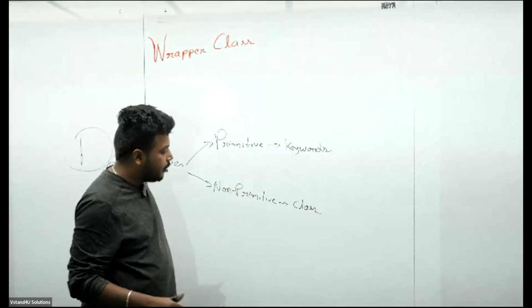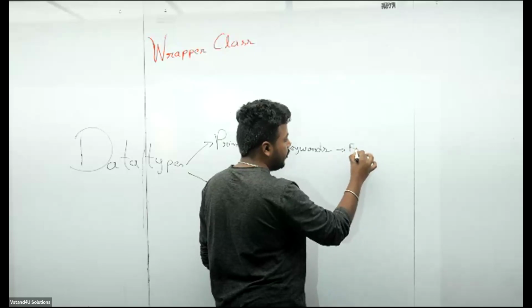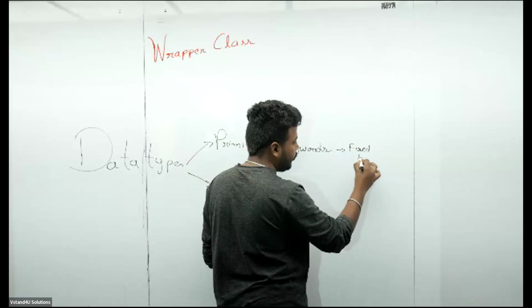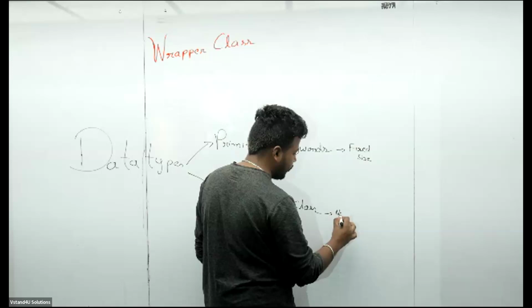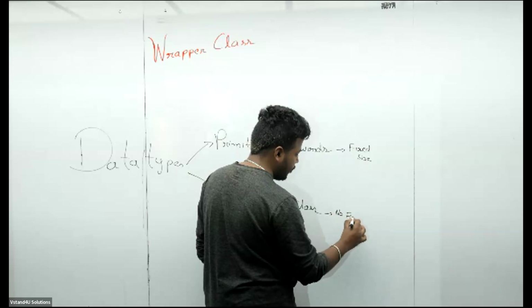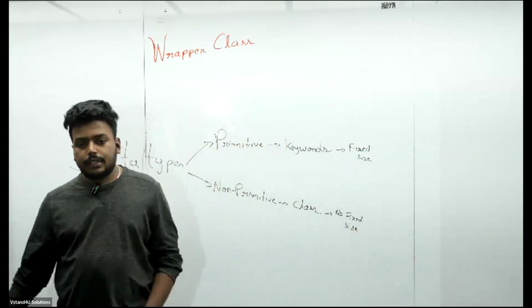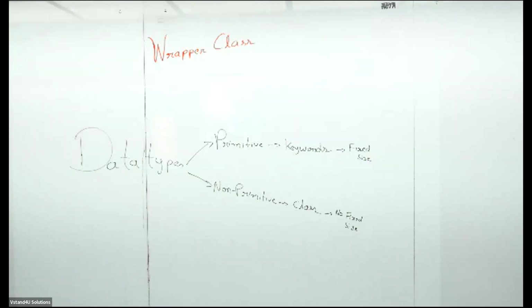Class is the keyword for non-primitive. In primitive data type, it is a fixed size. What about non-primitive data type? No fixed size.